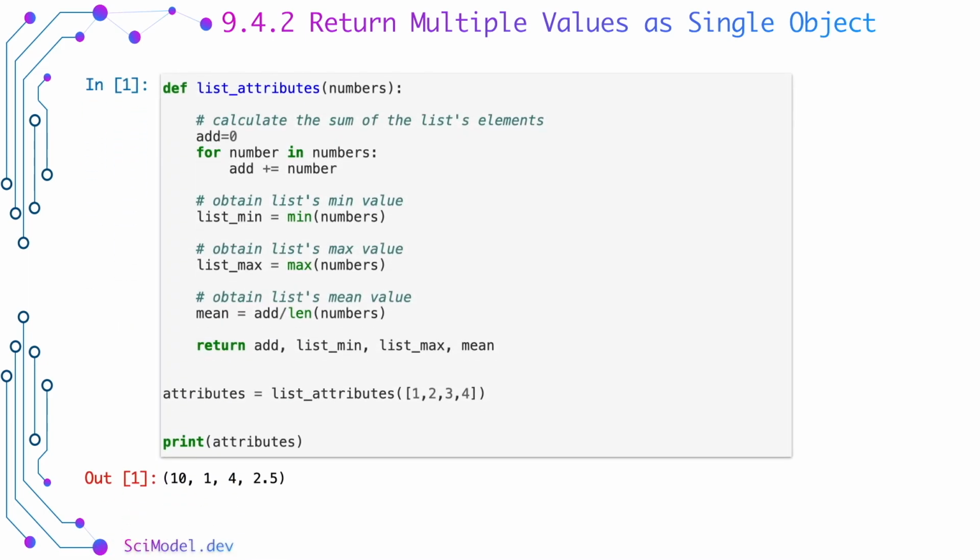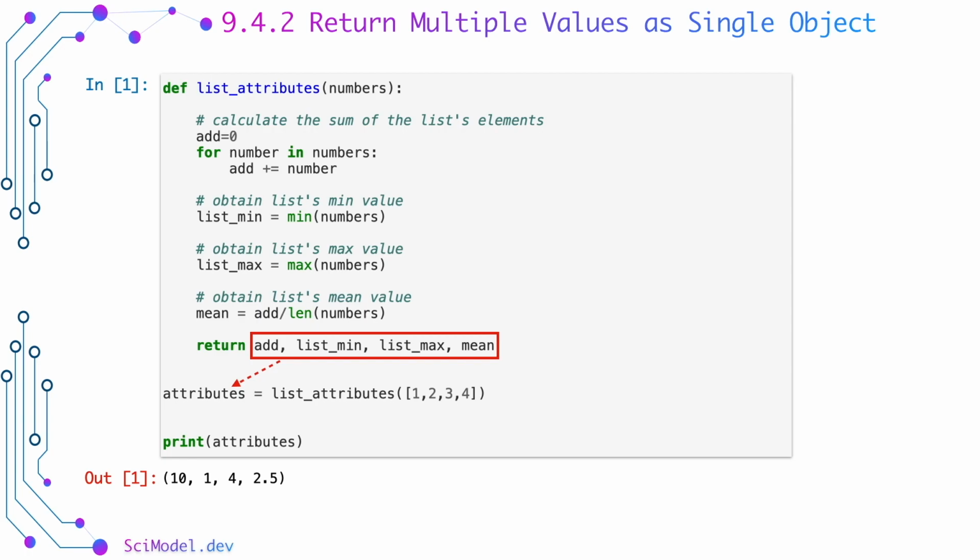Here, we have the same code example to return the attributes of a list. Also, the function definition returns the same variables in order as we have done before. However, notice the difference is that we are assigning all return values to a single output variable called attributes, instead of 4 variables as we have done before.